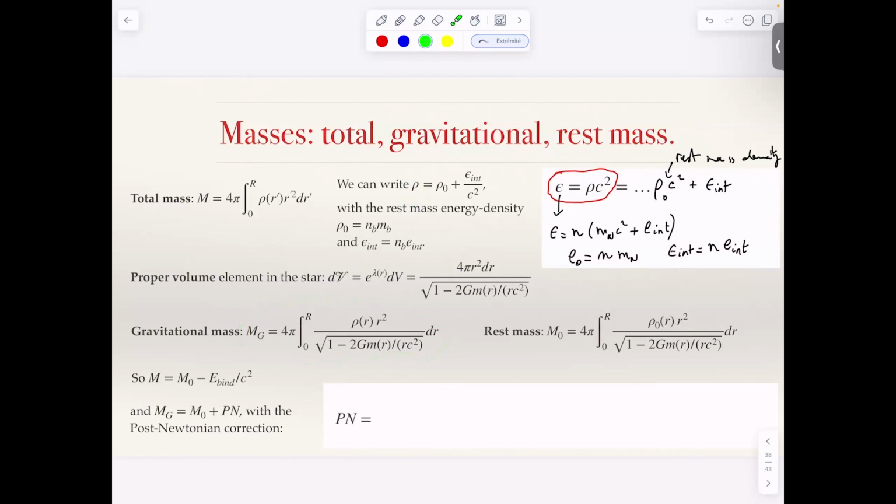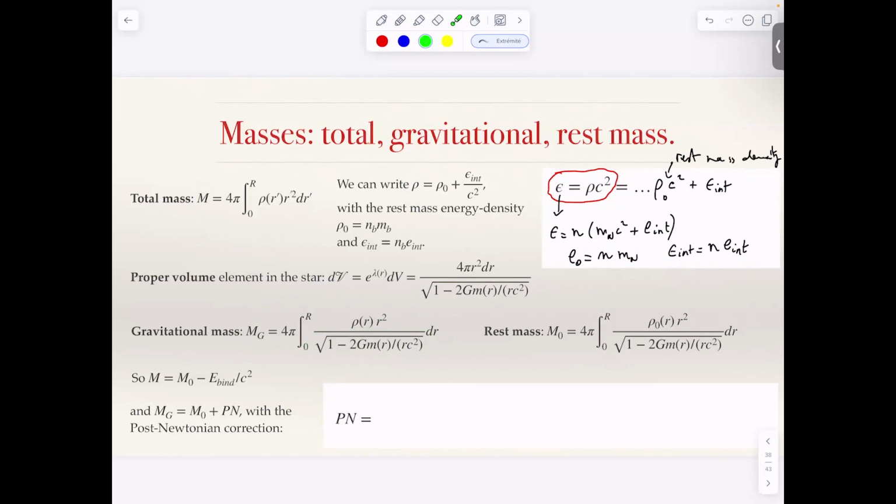So the gravitational mass of the system, which now I call M_G, is very similar to this quantity, but instead of integrating only my energy density, I also take into account this general relativity correction.